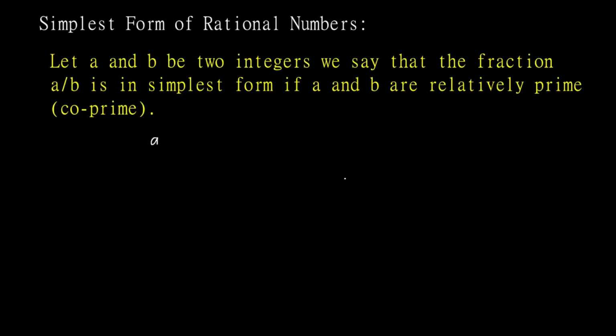If we have a rational number a by b, we say that this rational number is in simplest form if a and b are relatively prime, meaning they have only 1 as a common divisor.